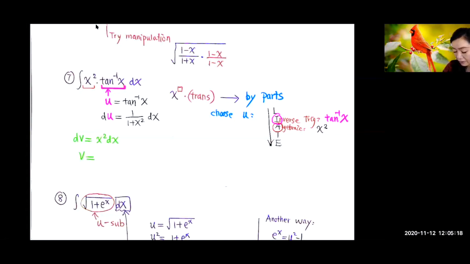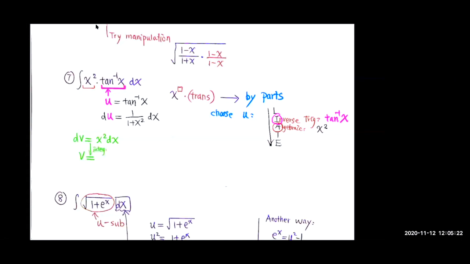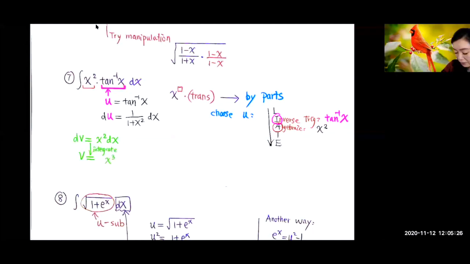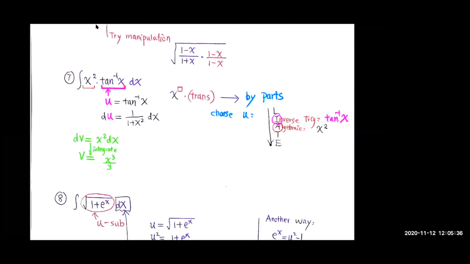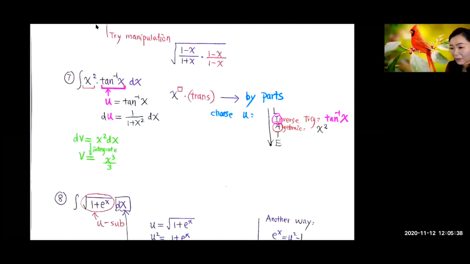Remember, you integrate. x cubed over 3. Yes, we got it. For integration by part, the constant doesn't matter, so we'll just leave the constant out.